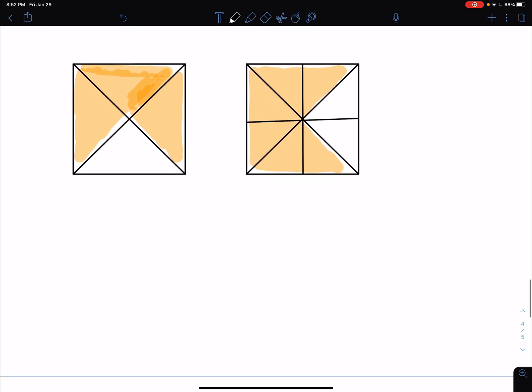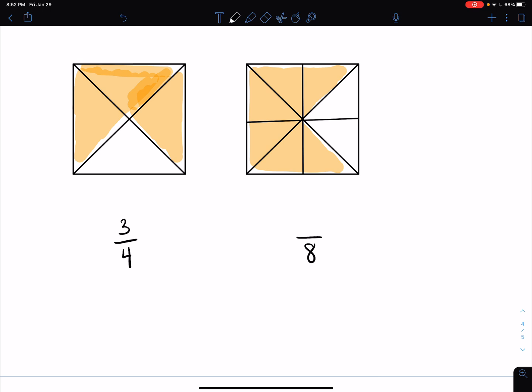Okay, so on this left side, I can see that my square is divided into 4 pieces, so I know 4 is going to be my denominator, and I can see that 3 of those pieces are shaded in, so I know it's 3/4. And over on the right side, I have 1, 2, 3, 4, 5, 6, 7, 8 pieces. So I know my denominator is going to be 8 because that 8 makes up that whole.